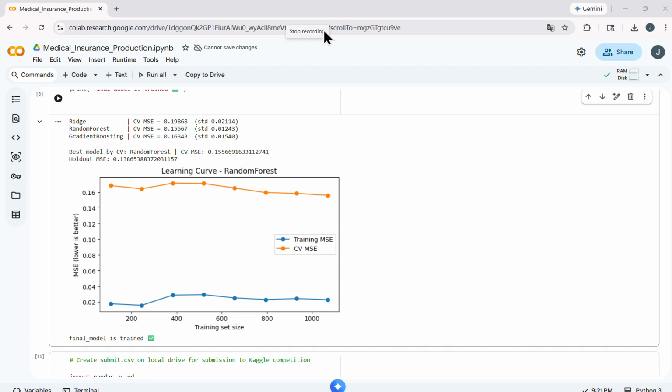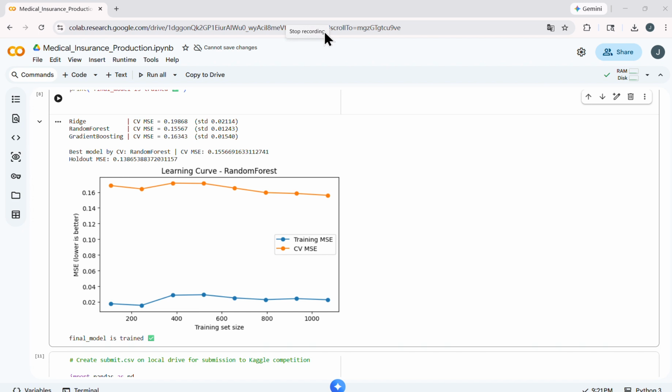Using five-fold cross-validation, I evaluated each model's average MSE and stability across folds. Random forest achieved the lowest cross-validated MSE with relatively low variance across folds, indicating both strong predictive capacity and stable generalization.